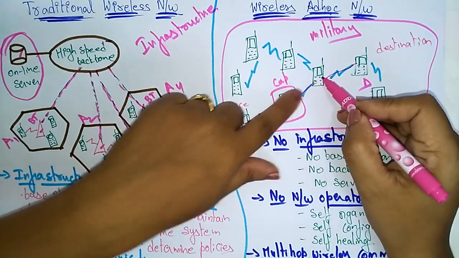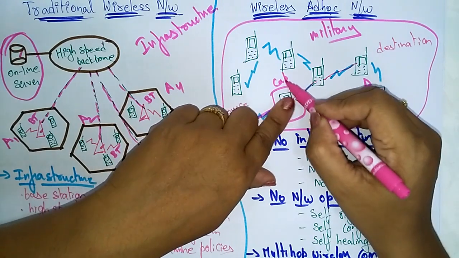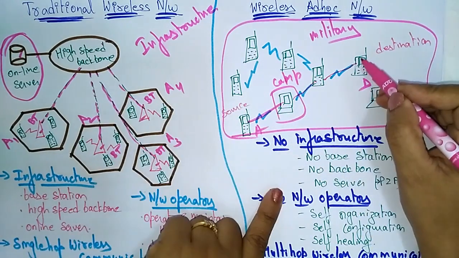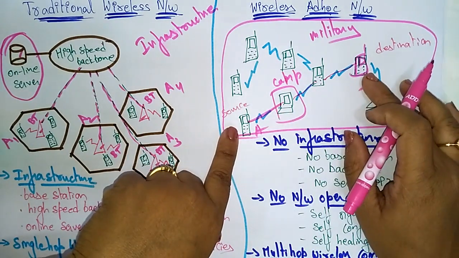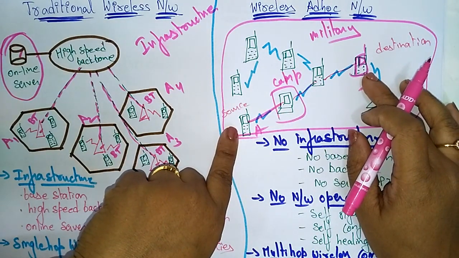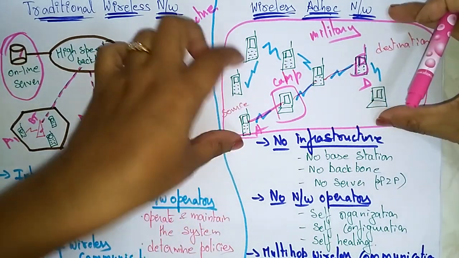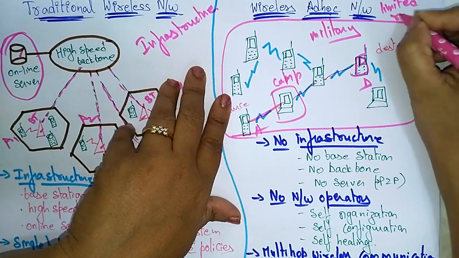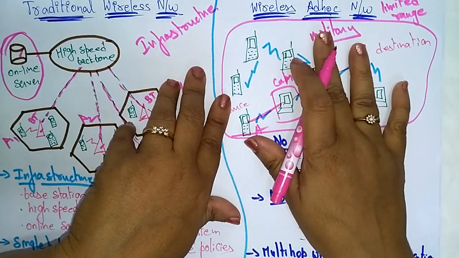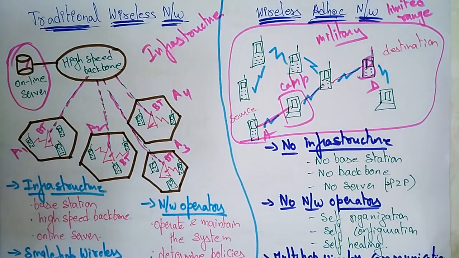That person sends the signal to another person outside the camp, and he sends it to that particular person. But one thing you have to note is that wireless ad hoc networks work only in a limited range. If you go beyond the range, it will not work.